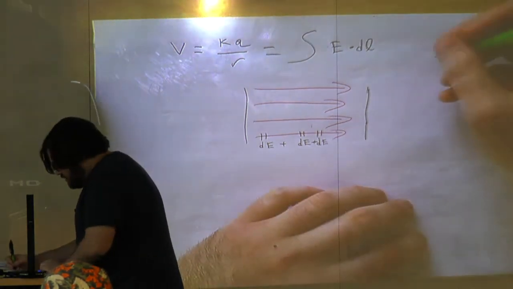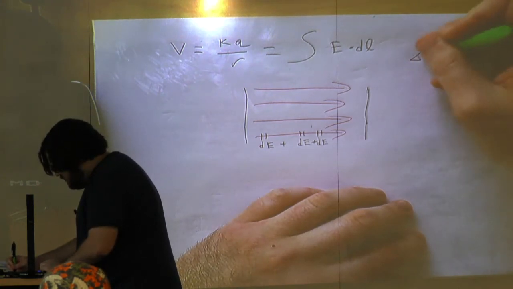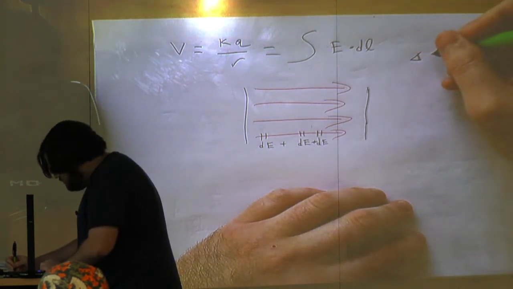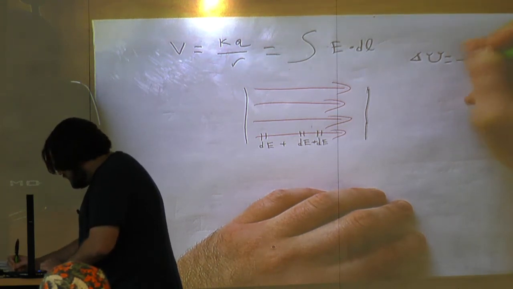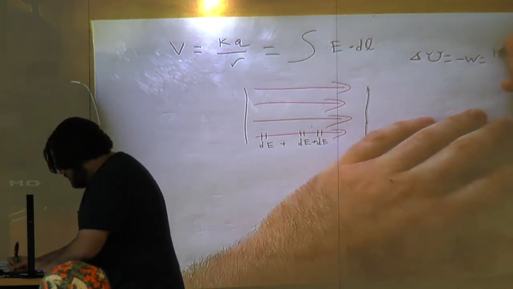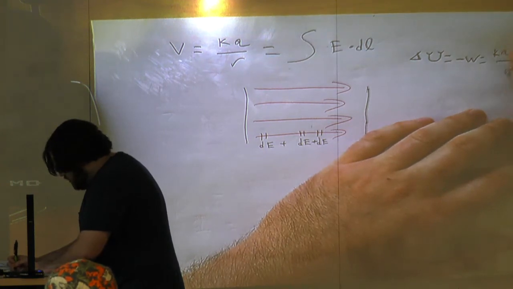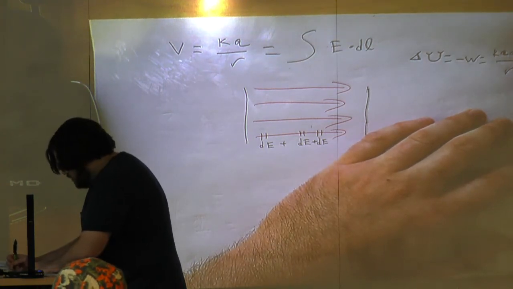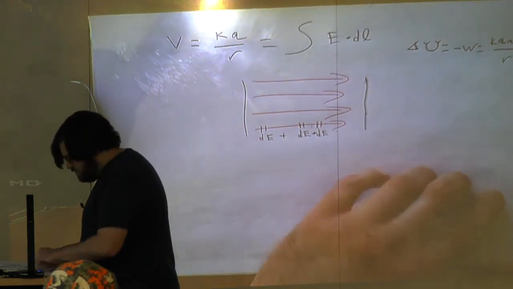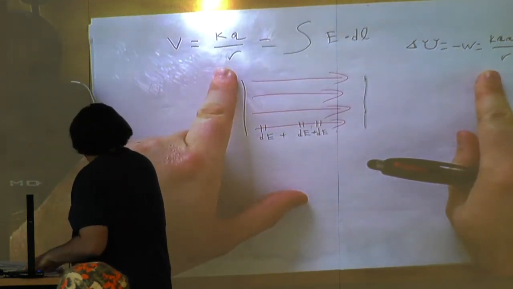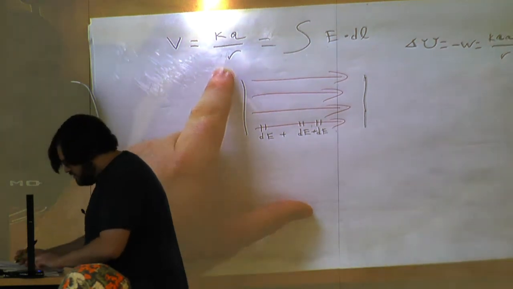So we have a formula for the potential energy, negative work, KQQ over R, right? You see these are very similar equations.